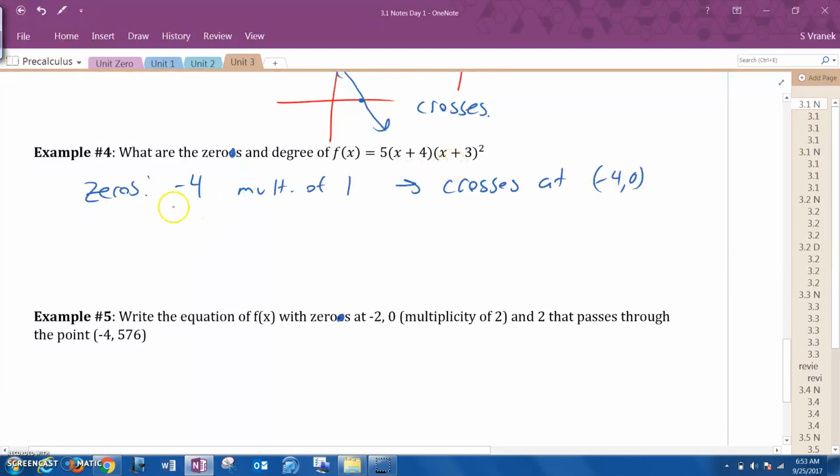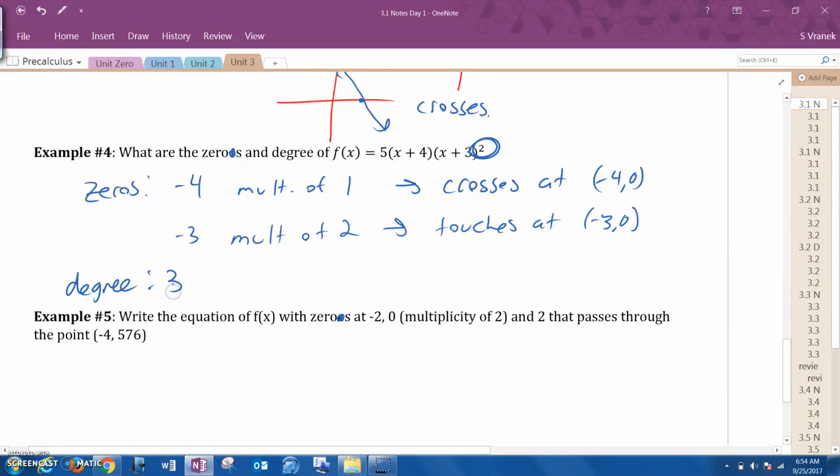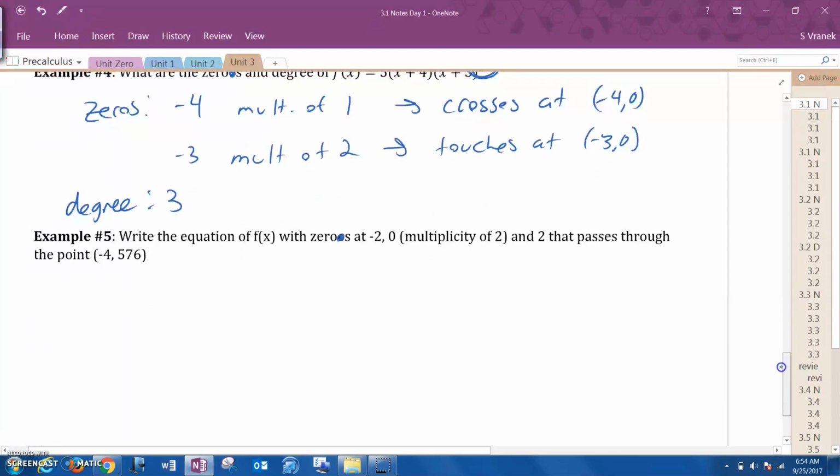And we also have a 0 of -3, but this one has a multiplicity of 2, because remember, if it's squared, that's like saying x plus 3 times x plus 3, so the 0 happens twice, which means it just touches at -3, 0. But since this is a multiplicity of 2 and a multiplicity of 1, the degree is 3. We're going to look at the graphs on the next lesson, so we won't have to worry about that until tomorrow.